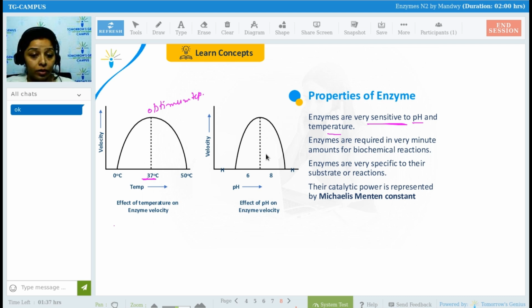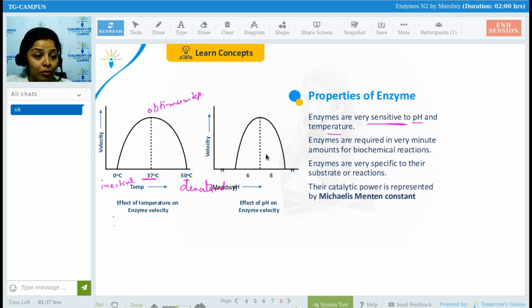If the enzyme comes in contact with a higher temperature, more than 37 degrees Celsius, or less than 37 degrees Celsius, then what will happen? If the temperature is around 0 degrees Celsius, at that time enzymes are inactive. Here the enzymes are inactive, and here the enzymes will denature.